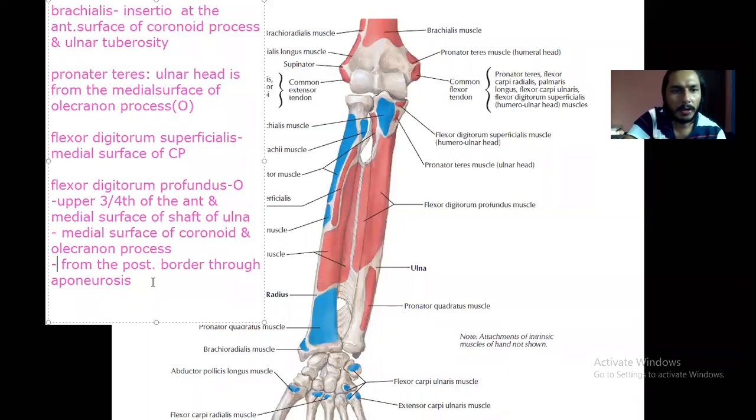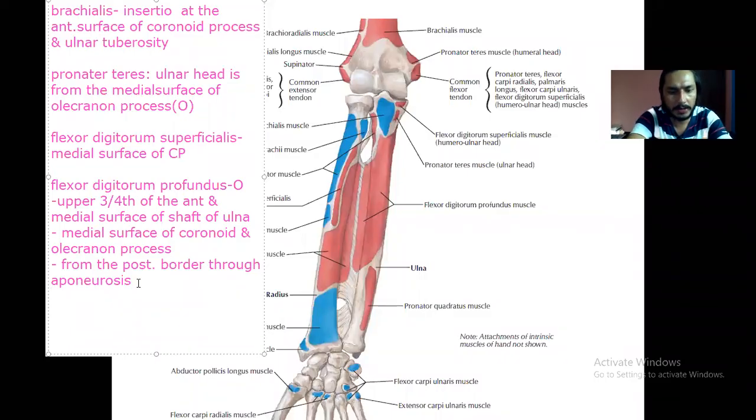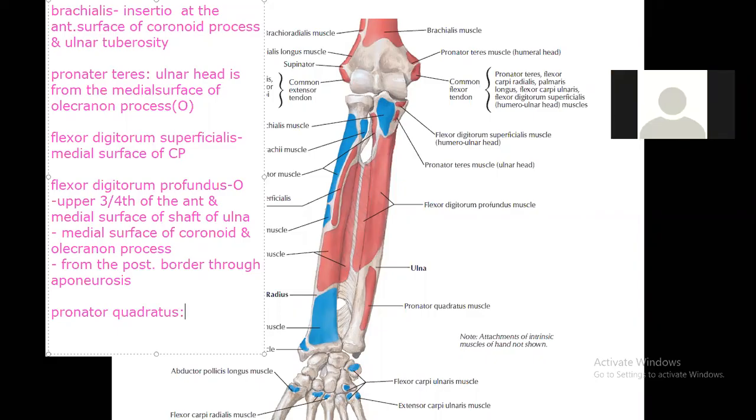Now up to here, any confusion? Any confusion? Flexor digitorum profundus, so it has got a large origin.